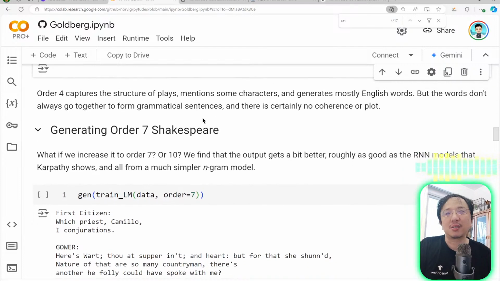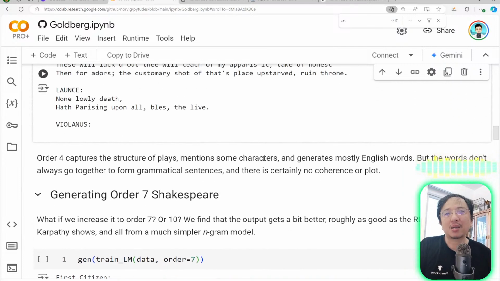So you can see that it seems to capture the structure of English, but the words don't always go together to form grammatical sentences, and there's certainly no coherence or plot.